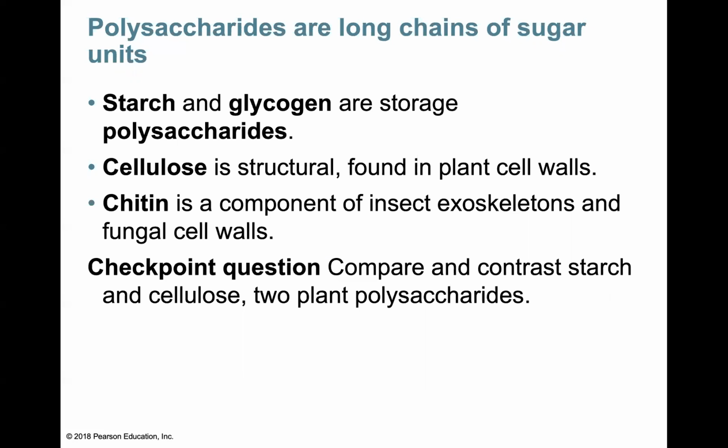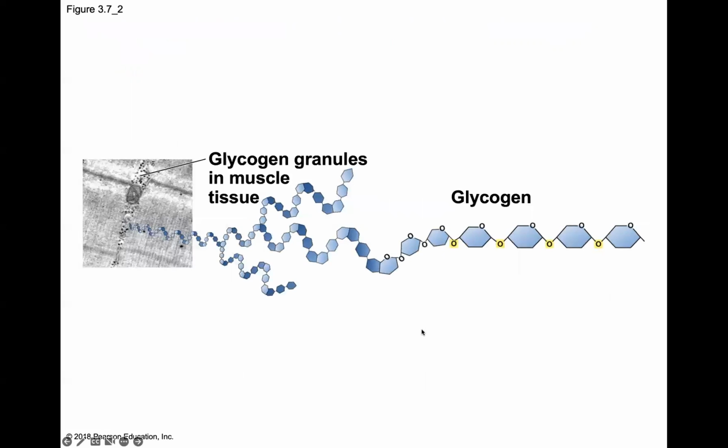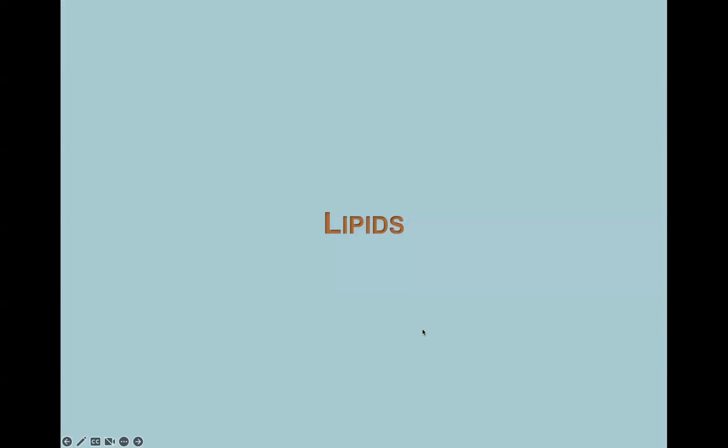You should be able to compare and contrast starch and cellulose as plant polysaccharides. So we have starch, glycogen, and cellulose, all as examples of our complex polysaccharides.